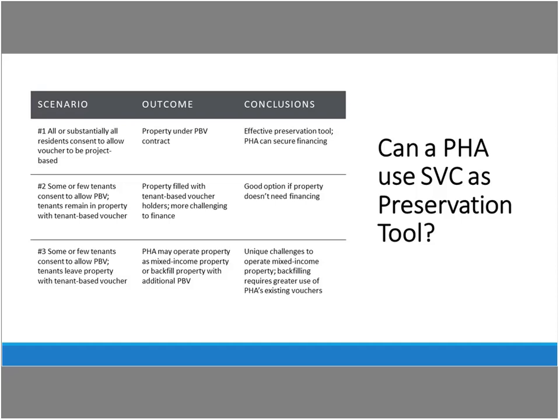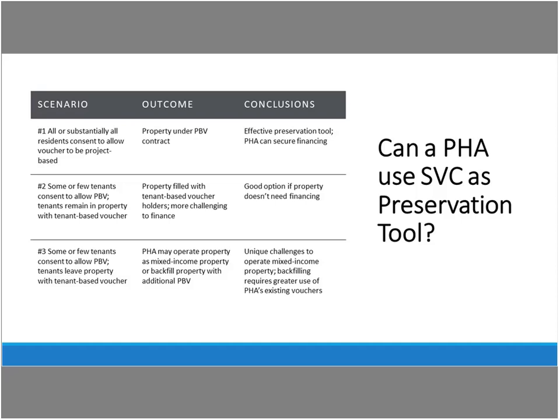A couple of scenarios to amplify this. Here are 3 scenarios that relate to streamlined voluntary conversion. Scenario number 1: all or substantially all of the residents consent to allow the vouchers to be project-based. That's great.